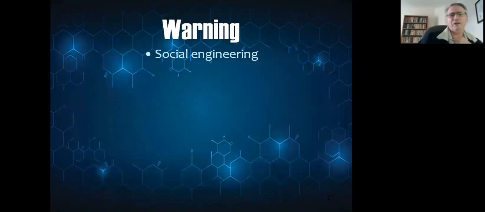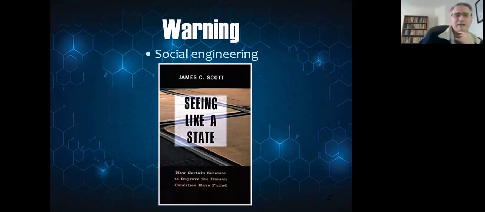However, when you apply control theory like that, you're also susceptible to something called social engineering, which has been found to be a very bad thing many times. This book had a large influence on my thinking. It's called Seeing Like a State by James C. Scott.